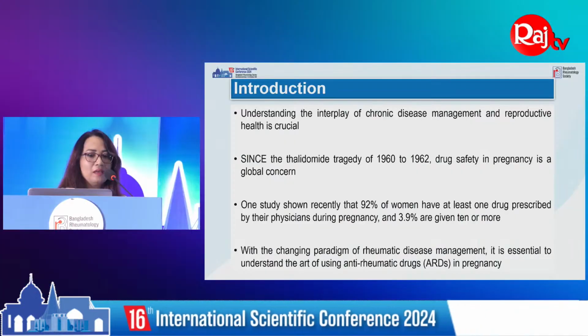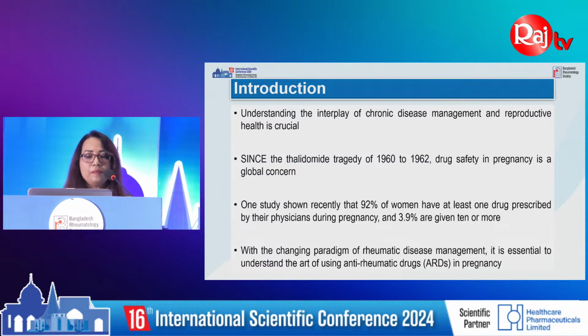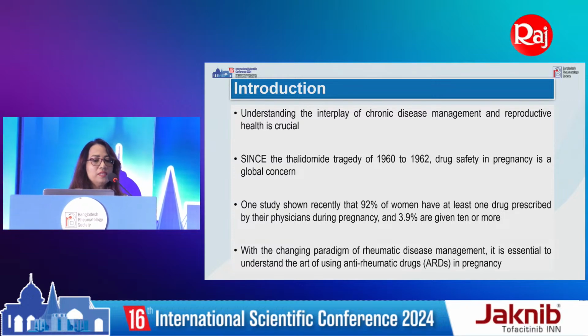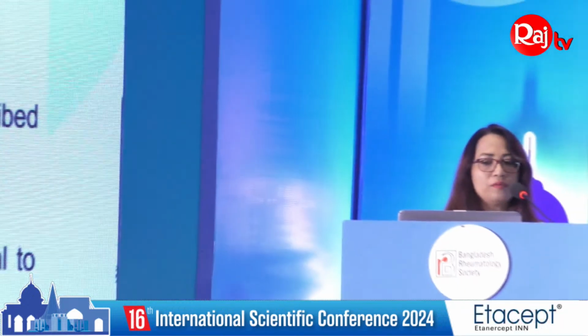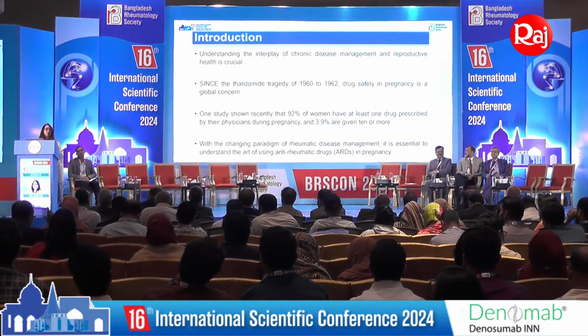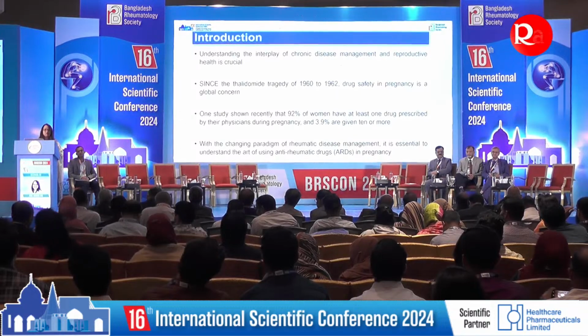So my topic is antirheumatic drugs in pregnancy. Understanding the interplay of chronic disease management and reproductive health is crucial. We all know since the thalidomide tragedy of 1960 to 1962, drug safety in pregnancy is a global concern.